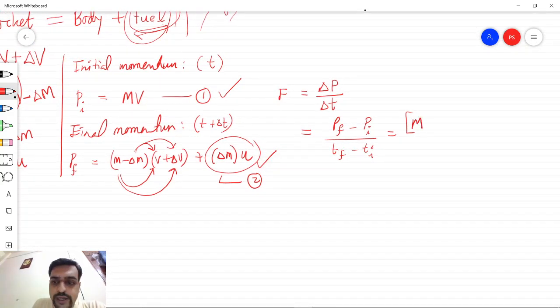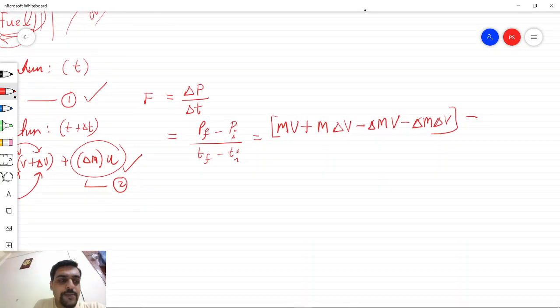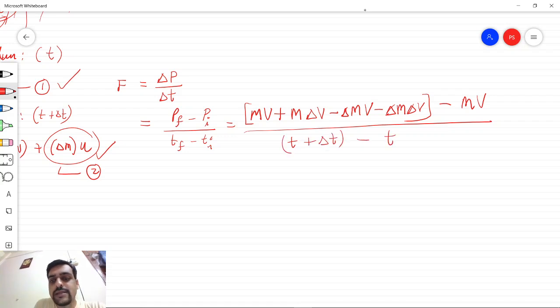So what we get is m into v plus m into delta v minus delta m into v minus delta m into delta v. So all of this is nothing but pf minus pi. Pi is going to be m into v, divided by tf, the later instant of time t plus delta t, minus ti, the previous instant of time which is called t.